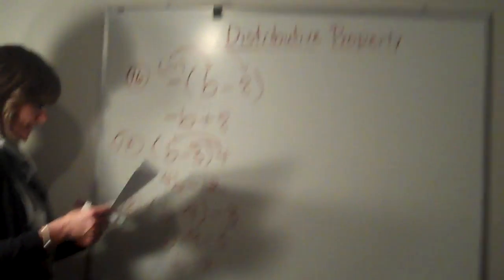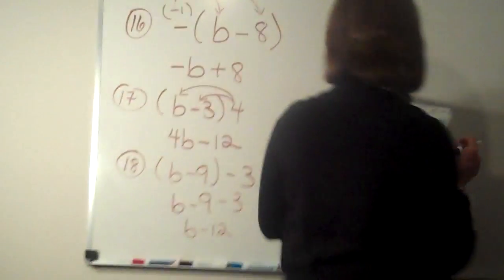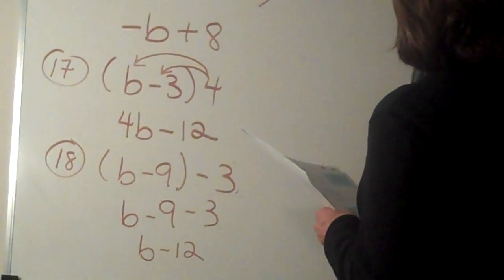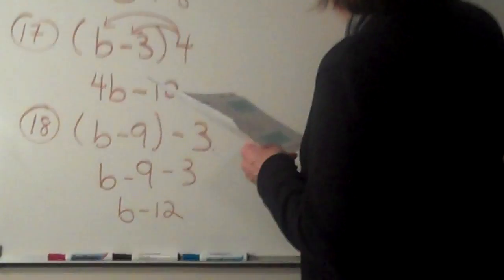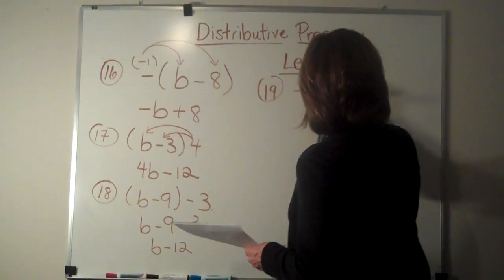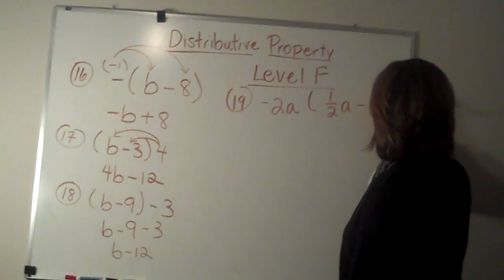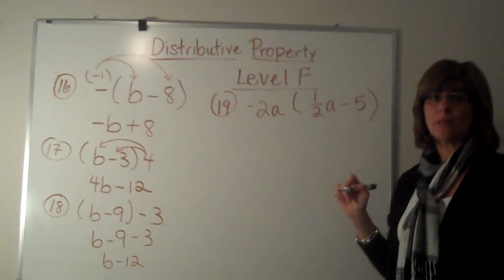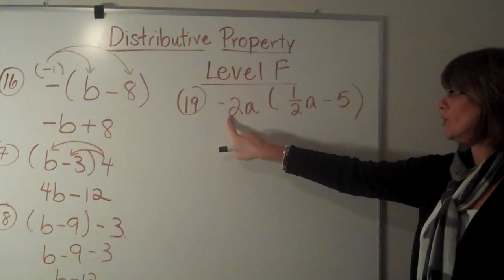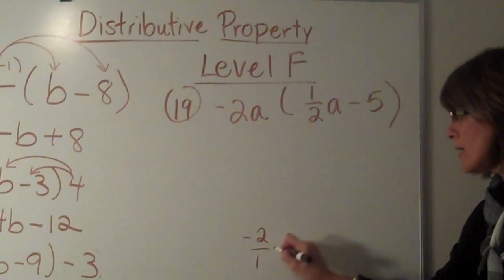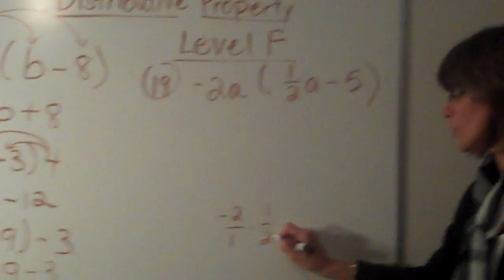Okay, and then the last type that we're going to do, level F, is going to have some fractions in it. So if I have negative 2a times (1/2 a minus 5), what I'm doing now is negative 2 times 1/2. Remember, negative 2 over 1 times 1 over 2.